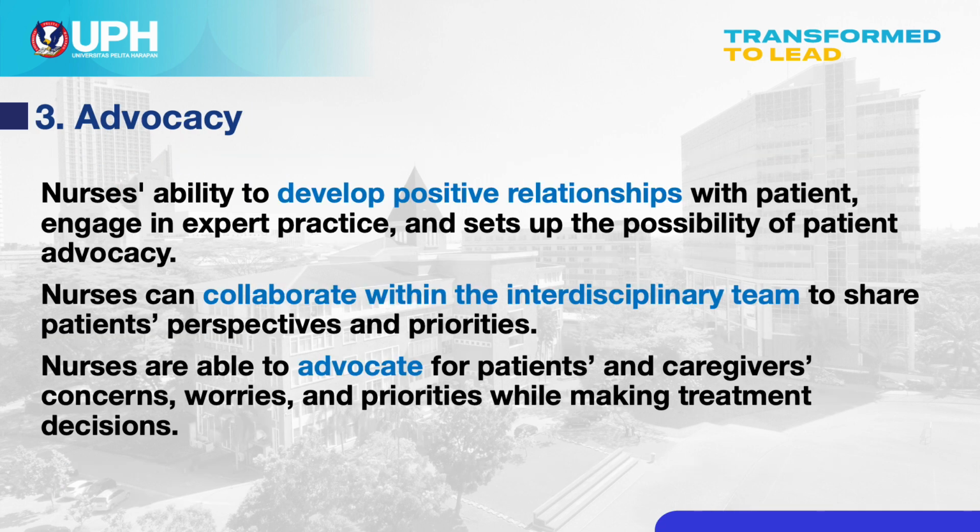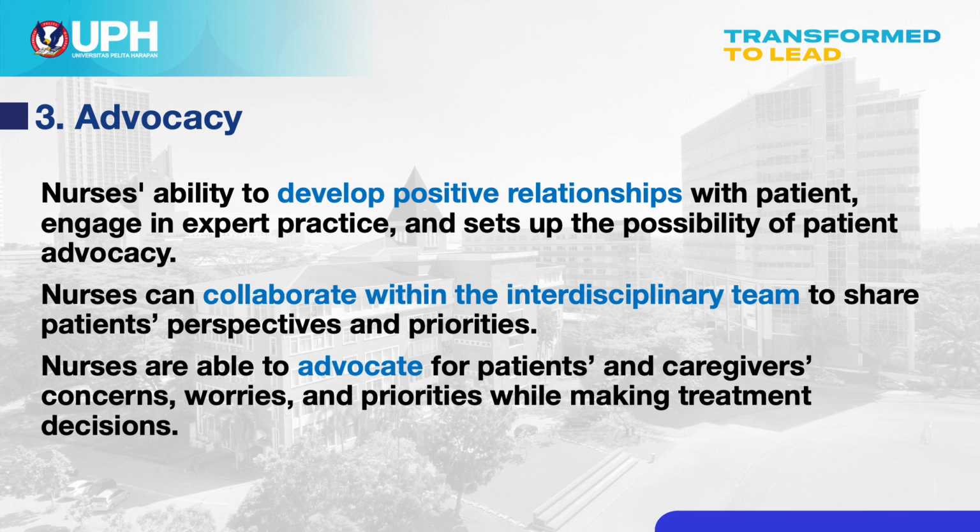The third aspect is advocacy. Nurses are able to develop a positive relationship with the patient, engage in expert practice, and set up the possibility of patient advocacy. Nurses can collaborate within the interdisciplinary team, especially the palliative care team, to share patients' perspectives and priorities.